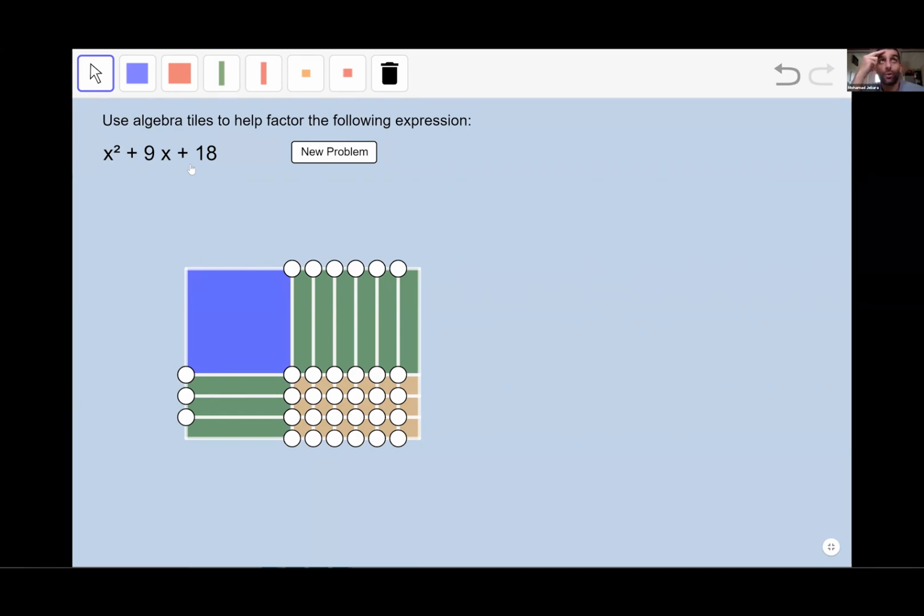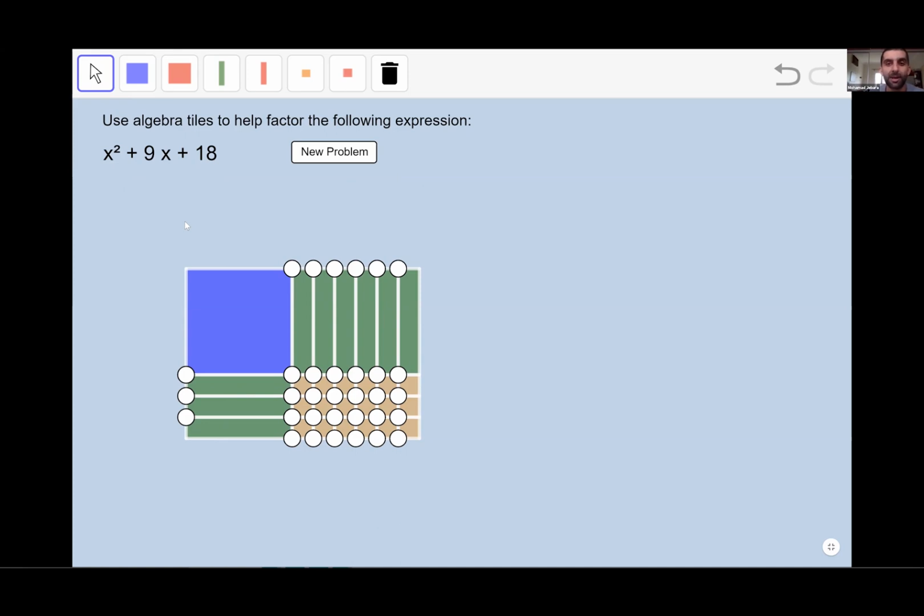I asked, what are two numbers that multiply to give something and add to give something? How do you work out what are the best numbers to choose here? How did I know to put 6 here and 3 there? The way to do that is to find two numbers that multiply to give 18 and sum to give 9x.